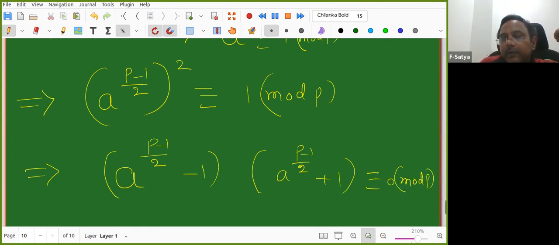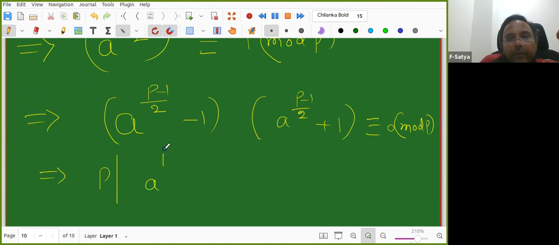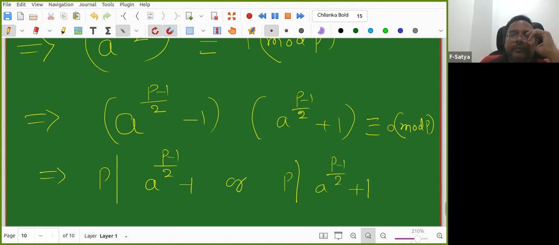So this implies p divides a power (p minus 1)/2 minus 1, or p divides a power (p minus 1)/2 plus 1.